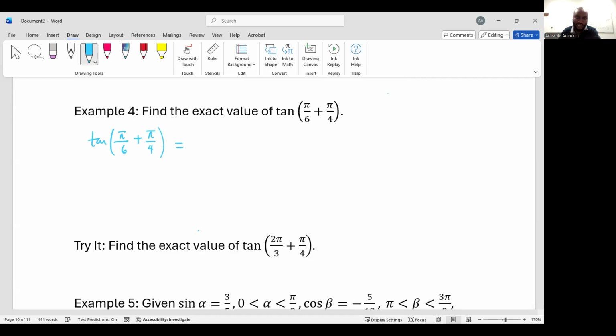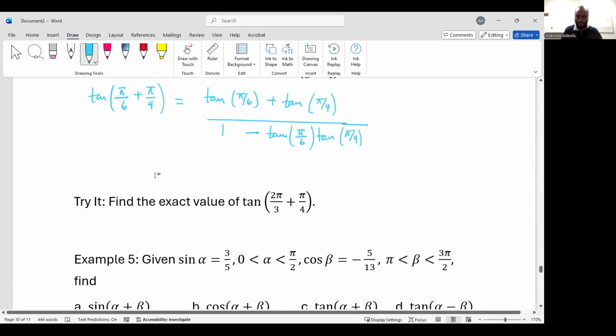So that is, again, using that formula, that is tangent of the first angle, pi over 6, plus, because that is plus, tangent of the second angle, pi over 4, divided by 1 minus tangent of the first angle times tangent of the second angle. So I can do that.